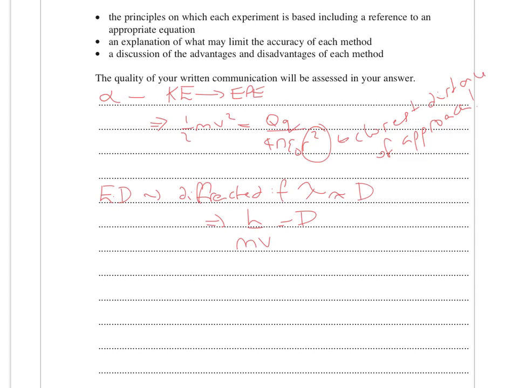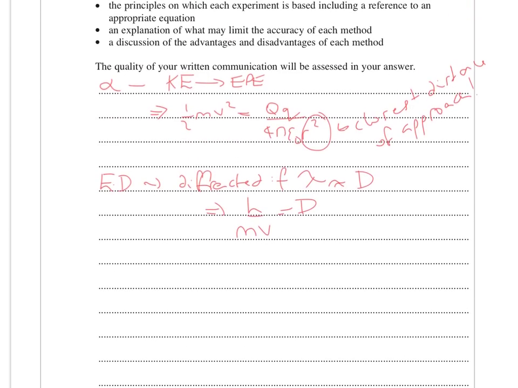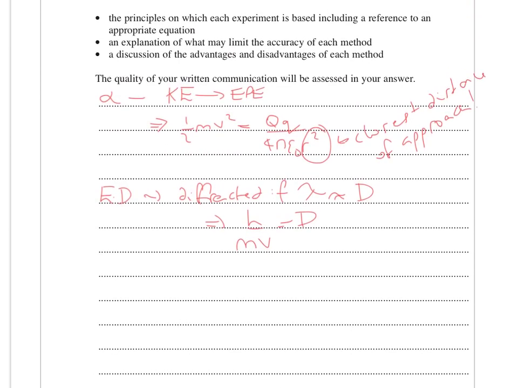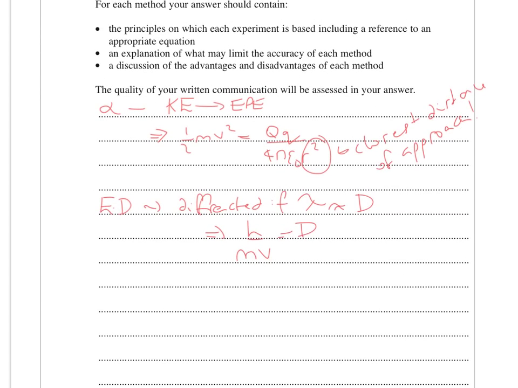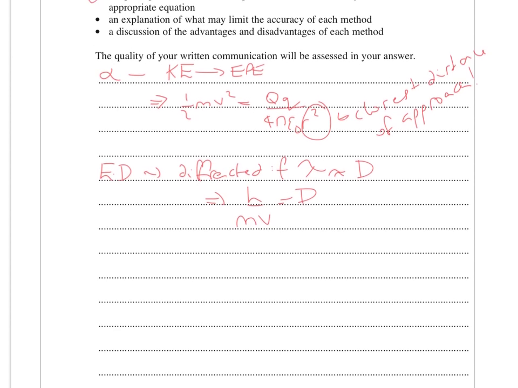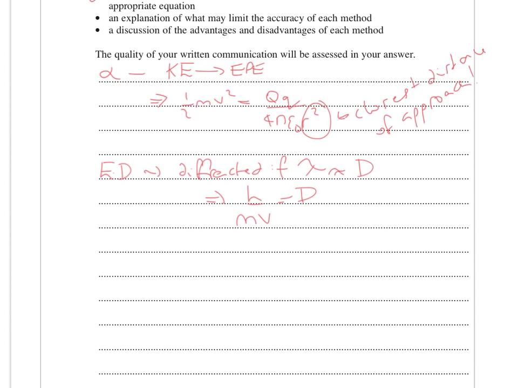So it gives you a way of directly measuring the nuclear size there with electron diffraction. So those are the two key principles and the two key equations. So what we've done there is we've looked at this first part here. What might limit the accuracy of each method?